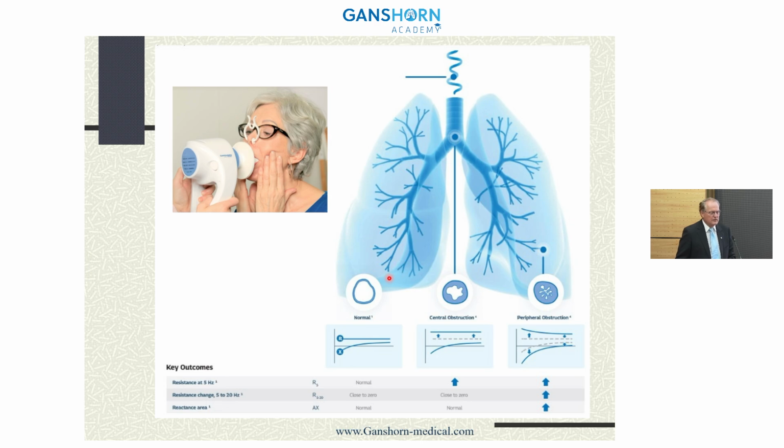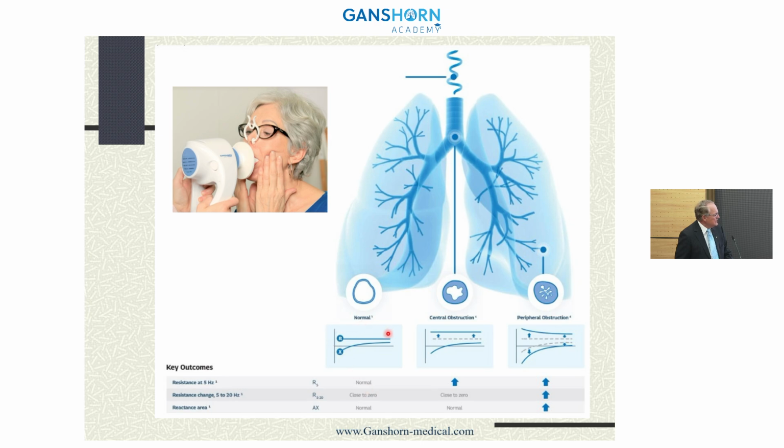This cartoon from the Ganshorn website clearly describes the 3 different patterns that you might see. So the reactance at 5 hertz is going to be, in a normal individual, normal, and the reactance at 20 hertz is going to be normal.